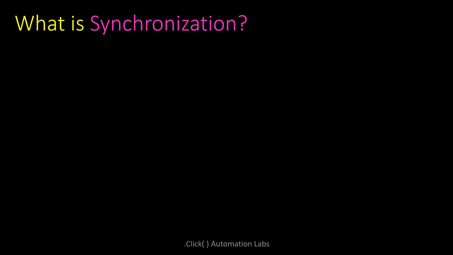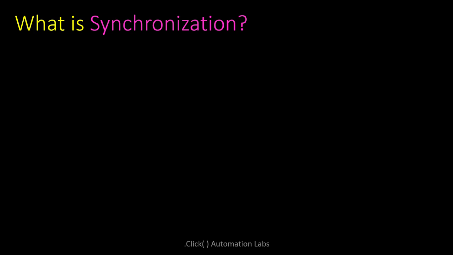If your application is slow, and the tool has maybe a 10 second default time, and your application may respond after 15 seconds, the tool may not find the object it is trying to interact with, and it will throw some exceptions. So in these cases, how do we manage synchronization? That is called synchronization.